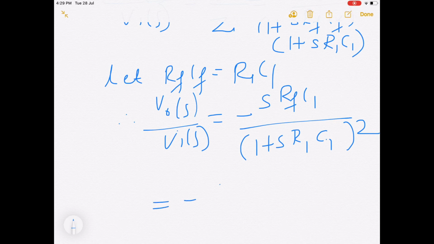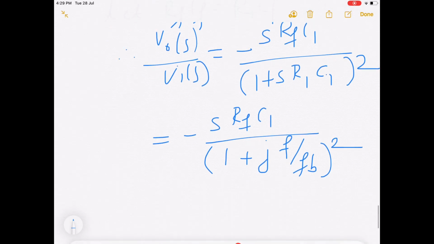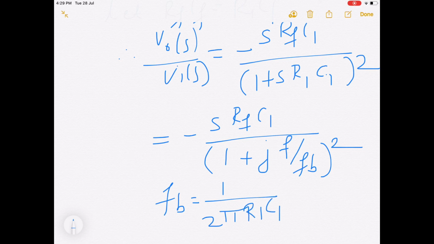This is equal to minus S RF C1 divided by (1 plus S R1 C1) squared, where S is j omega. So it becomes (1 plus j f/fb) squared, where fb is nothing but 1 upon 2 pi R1 C1. The upper cutoff frequency fb is 1 upon 2 pi R1 C1.